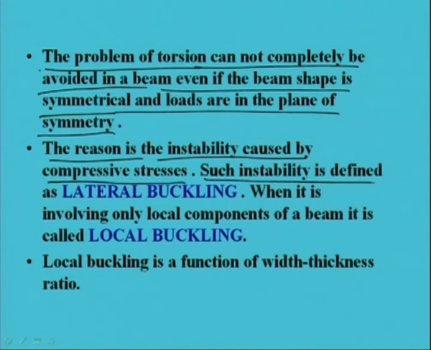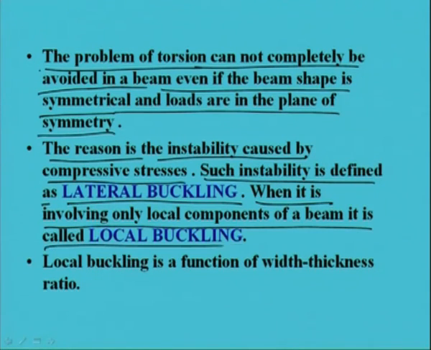Such instability is defined as lateral buckling, and when it involves only local components of a beam, it is called local buckling. So, when the buckling is affected only by a local component, we call that local buckling, right.